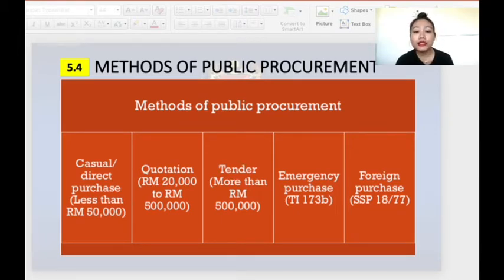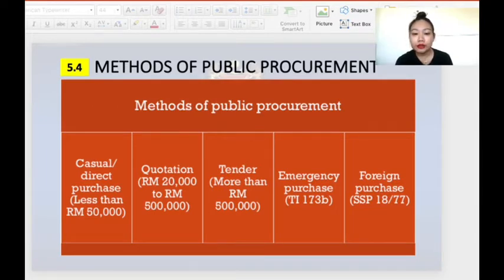In order to get the necessary products and services, there are 5 ways or methods to do so, as you can see here. The first one is casual or direct purchase. It involves less than 50,000 ringgit of purchases. And then the second one is quotation, and the limit of the amount is between 20,000 ringgit to 500,000 ringgit.